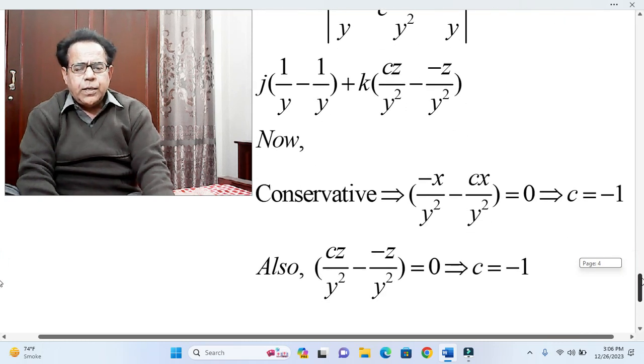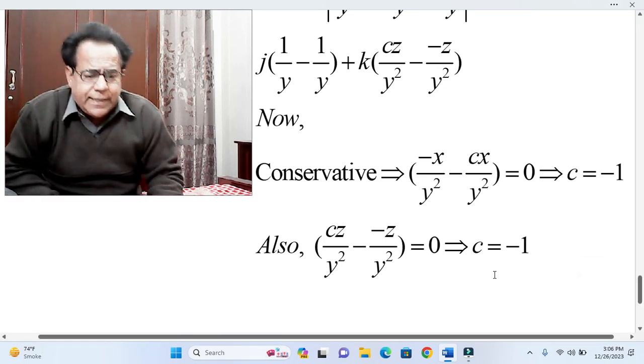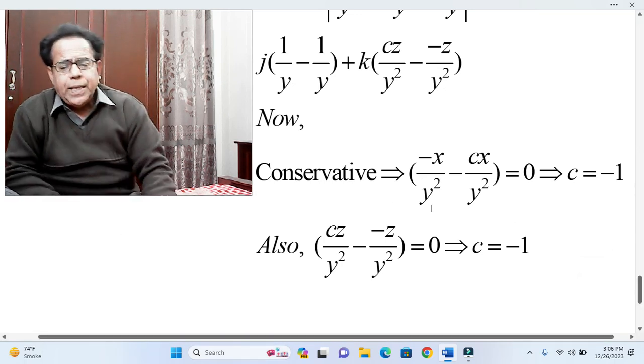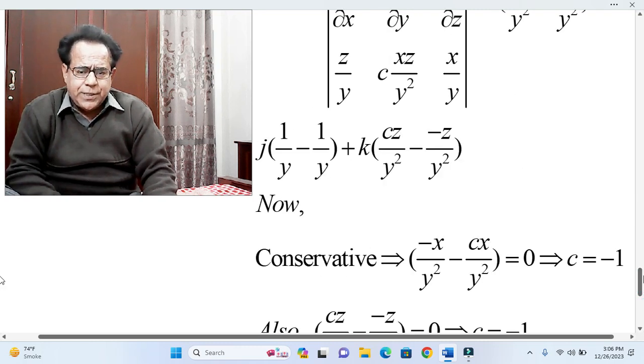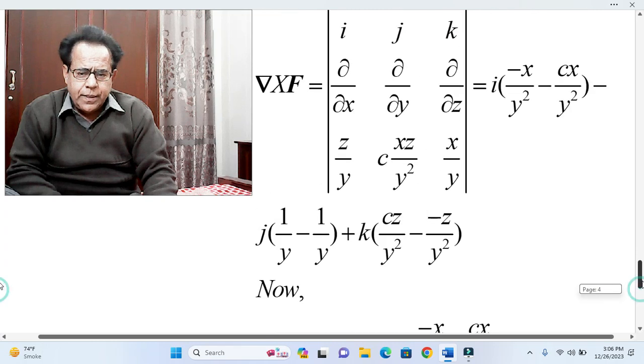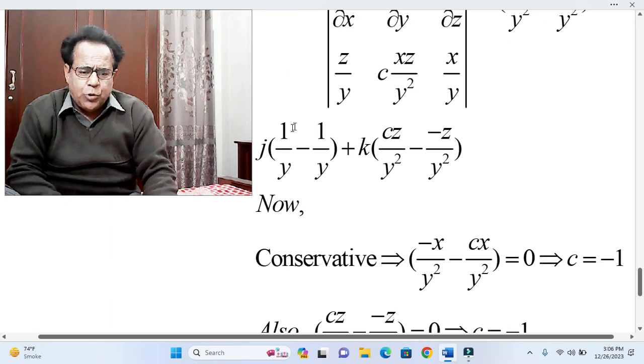Now, as it is given that the field is conservative, conservative must imply that this first portion along with i must be equal to 0, this second portion with j must be 0, and this third portion with k must be 0.